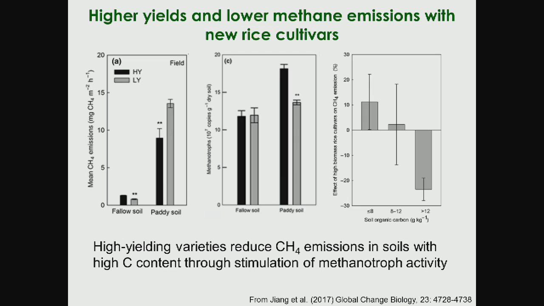And this is one example of that, where it's been shown that certain high-yielding varieties of rice, when grown on carbon-rich paddy soils, actually promotes more methanotrophic activities in the soil, so these methane-consuming activities, which therefore will reduce the net methane production in these paddy field environments.